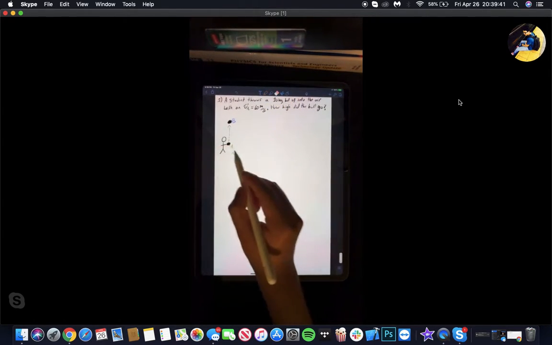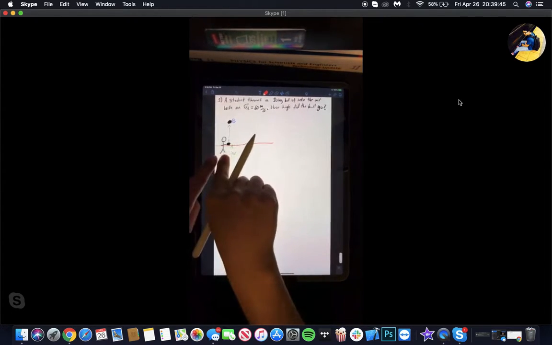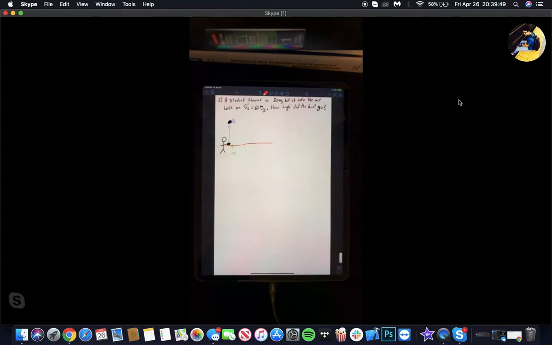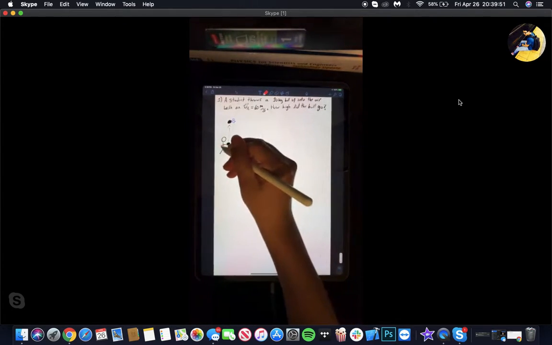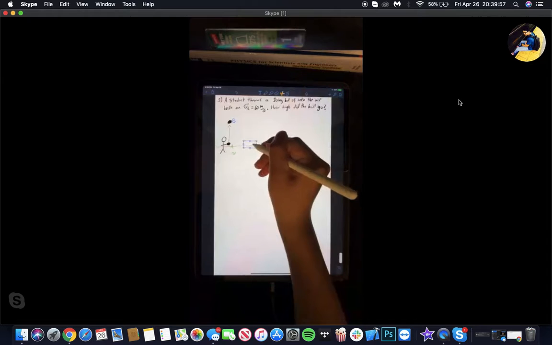You see how we chose it at the lowest point? We didn't choose it here, we chose it there. That's the lowest point of the object, and then it went up.